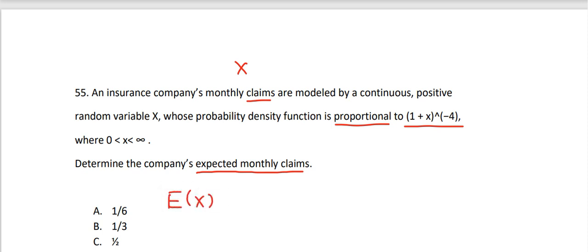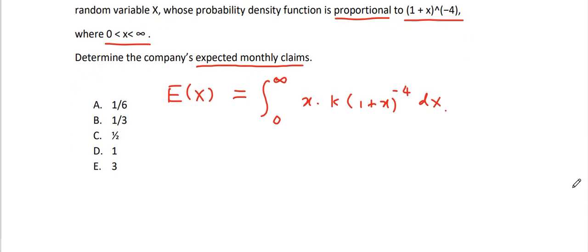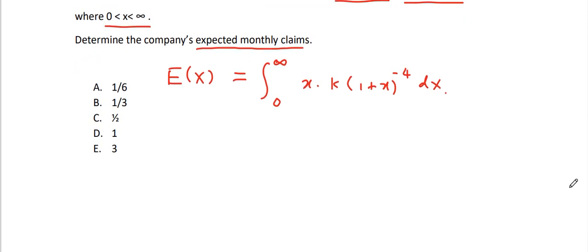So we just use the definition. The expected value is the integral from 0 to infinity of x times the density function, where the density function is k times (1 plus x) to the negative 4. At first we need to find k.